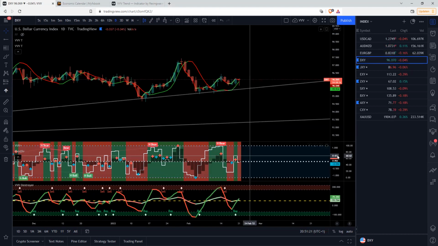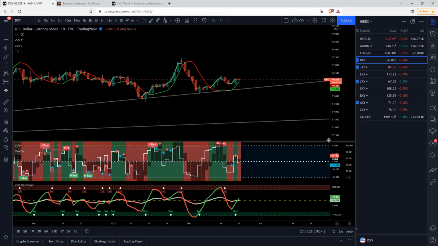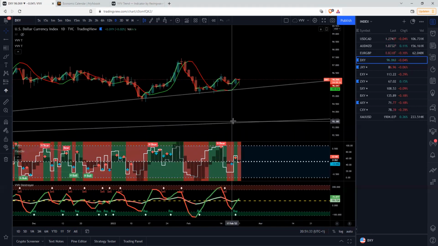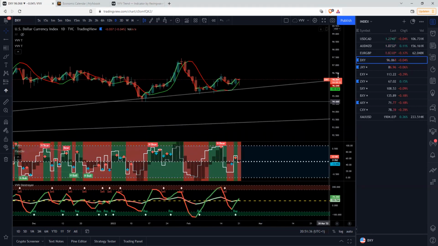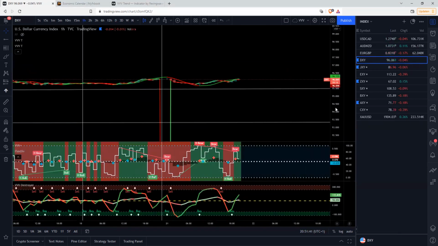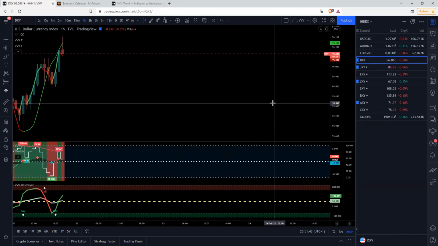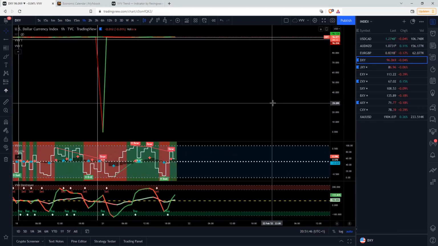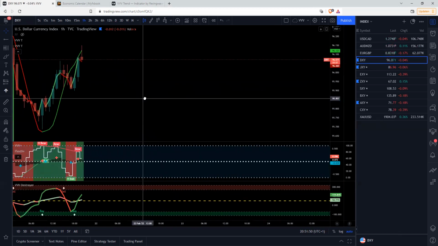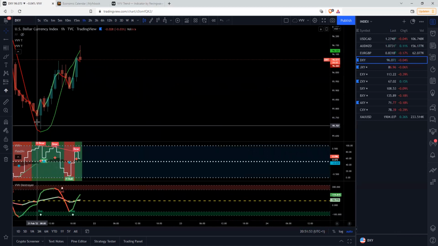So the DXY, we are in positive right now, but there is one color missing. So wait for that color this day, today. Let's see, smaller time frames. Oh. So yeah, when it is happening, you can just go to the right or to the left, and then it will clear up actually.